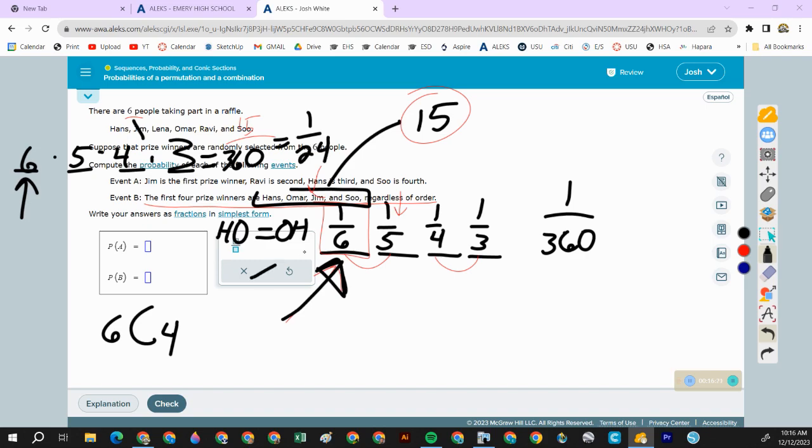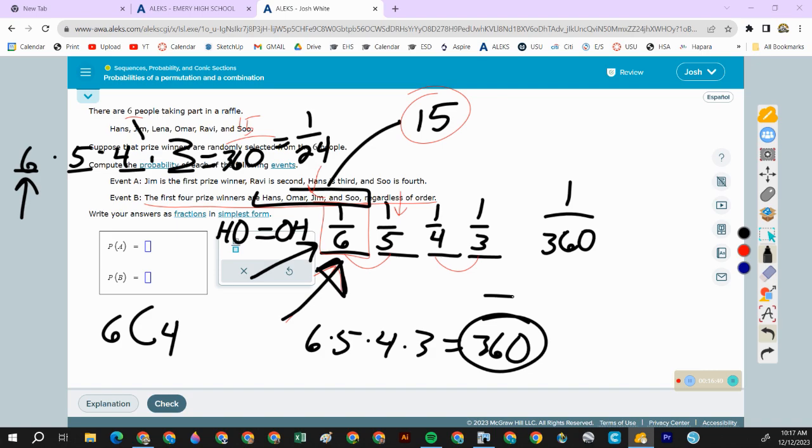Could we have done that here? We could have. We could have said 6 times 5 times 4 times 3 is 360. Now watch this, because this is a little bit strange. There are 360 total possibilities. How many ways are there to put Jim in the first spot? 1.